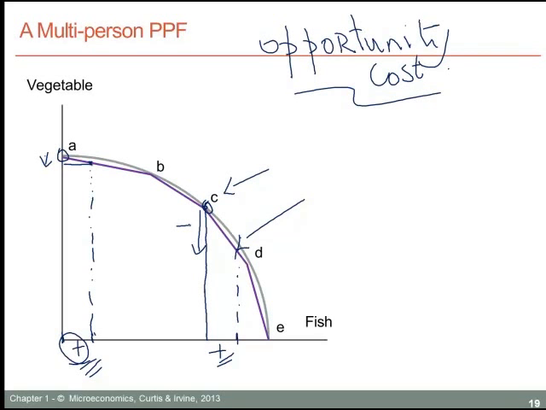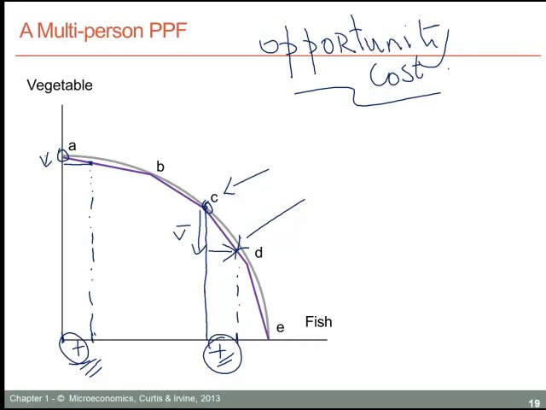So we'll have a negative V in order to get this positive amount of fish down here. Well, it's quite obvious that when we are at point C, we have to give up more vegetable in the production of this additional amount of fish than we had to give up at A.